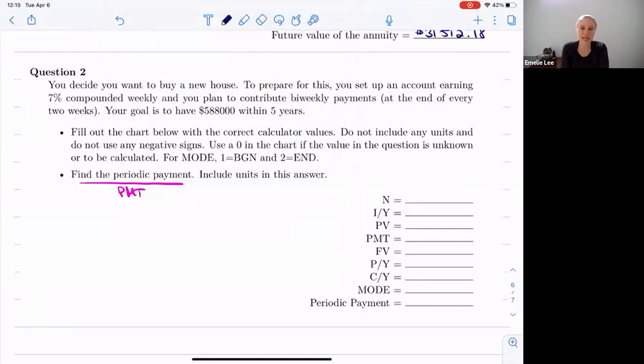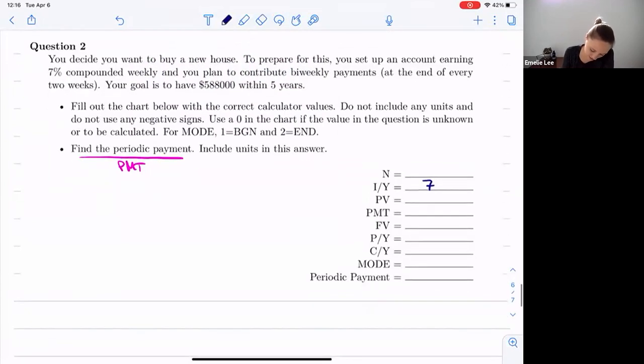So N is still going to be the number of payments, right? We can approach this a couple of different ways. Let's just read across here, and I can jot down information as it comes up. So 7% compounded weekly, so the compoundings per year is 52.